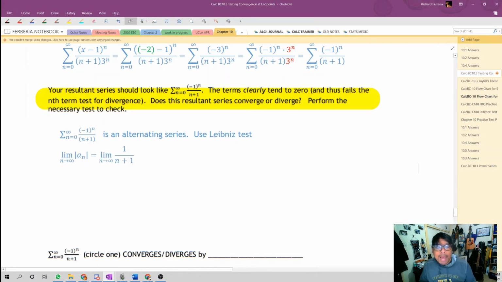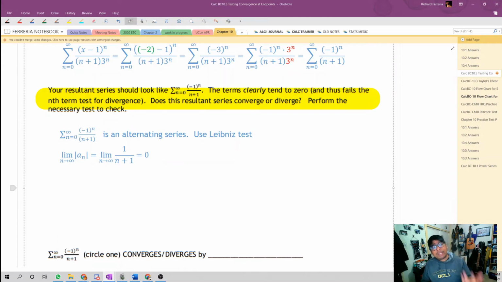The limit of the absolute value of the general term is just the limit of 1 over n plus 1. Remember, to make an alternating term not alternating, all you've got to do is replace the (-1)^n with a 1, or just leave it off completely. This limit, 1 over n plus 1, is equal to 0.